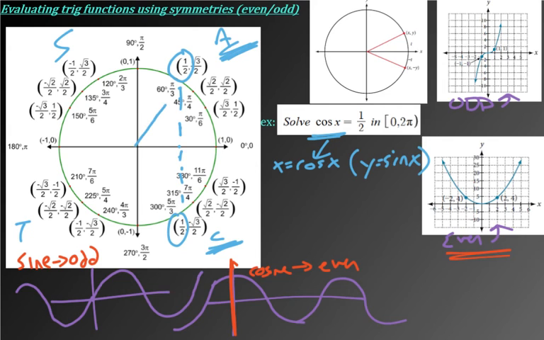And so then you can just use symmetry and get your answer really fast, because you can just utilize the fact that there's a lot of mirroring going on here in the unit circle. So, of course, this is 60, it's labeled right there, and then this is like minus 60. So minus 60 is 300, right? So x equals 60 or 300. And this notation, right, is just interval notation for, I just want answers between 0 and 2 pi. And I include the 0, but not the 2 pi.